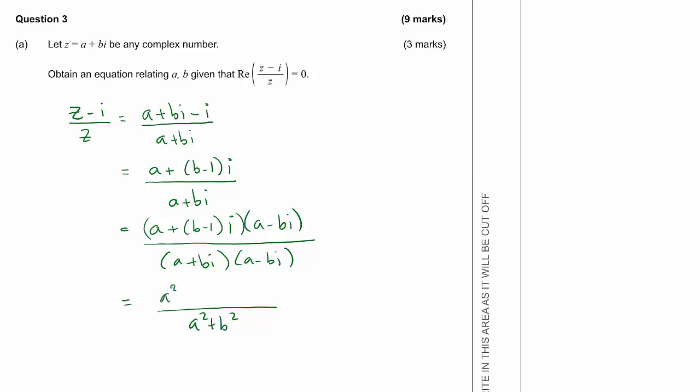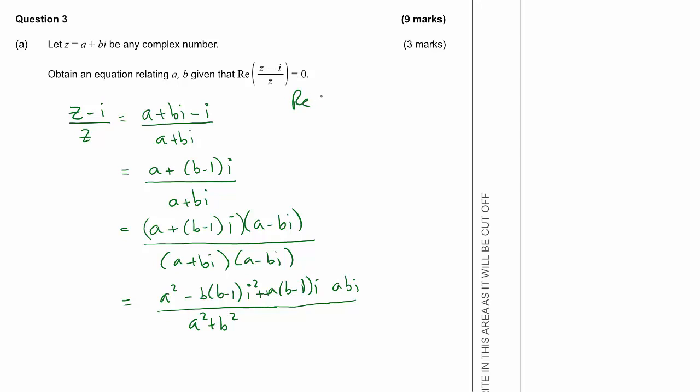So we've got a squared, and then we'll have take away (b minus 1)i squared, plus (b minus 1) times a i, and take away abi.